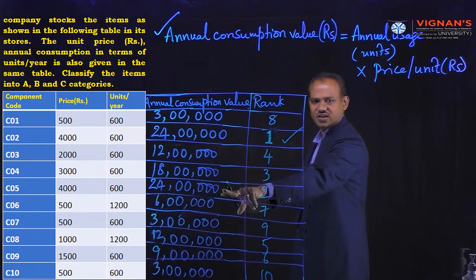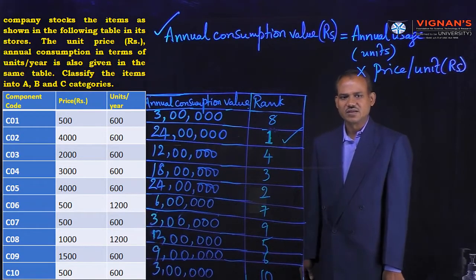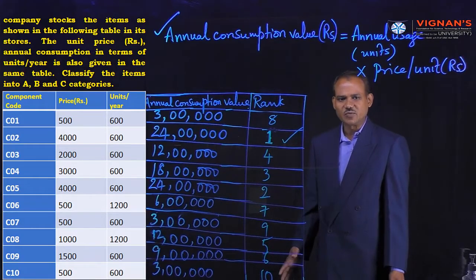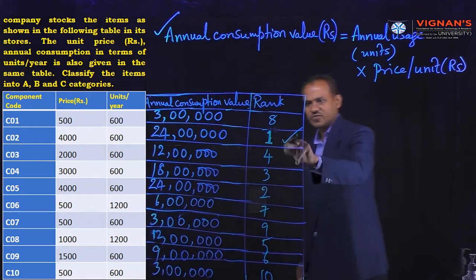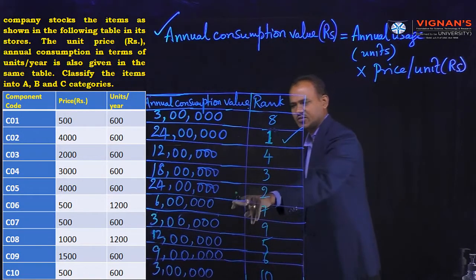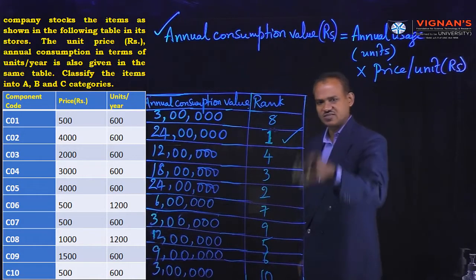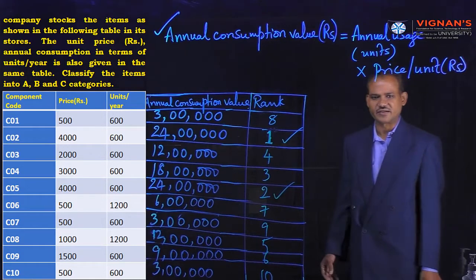This is for component 5. There is a tie between component 2 and component 5. Therefore, first rank is given to C02, second rank is given to C05 based on the serial order. So we have assigned second rank.